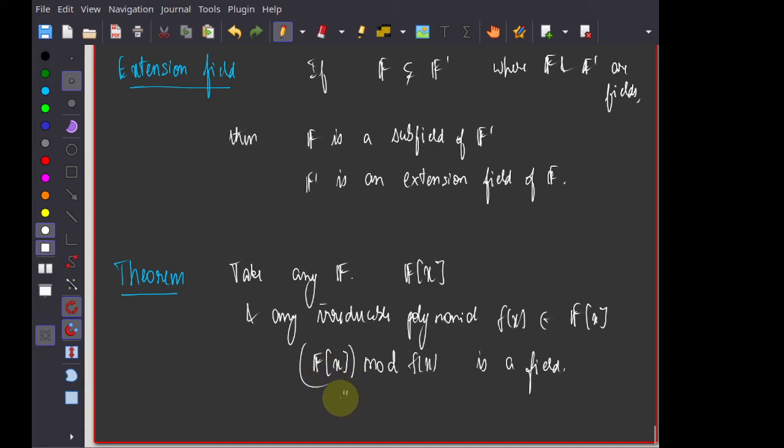So this is just the set of all a of x mod f of x. Is the statement clear?